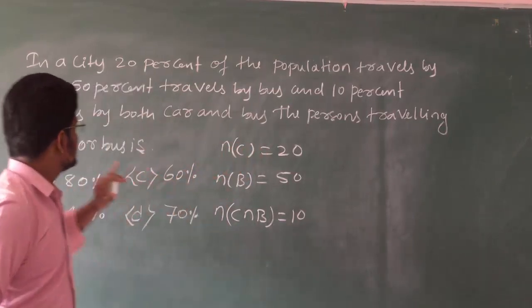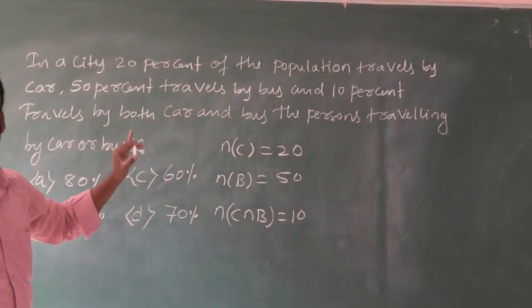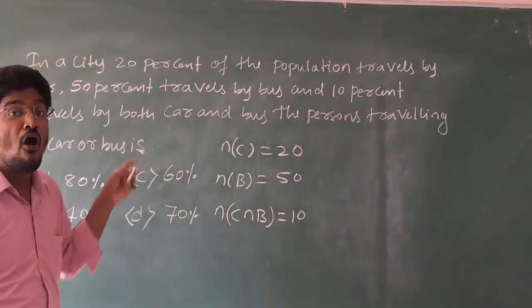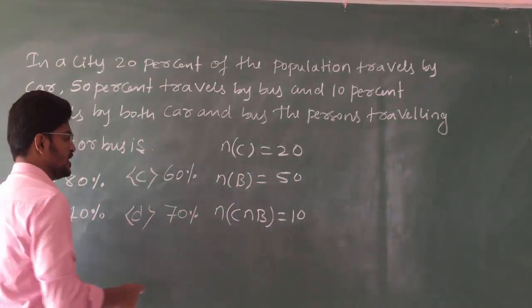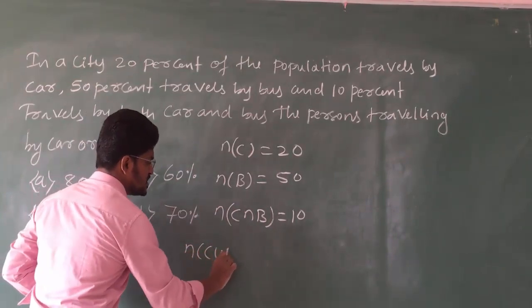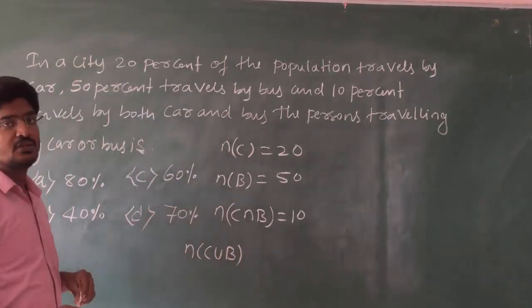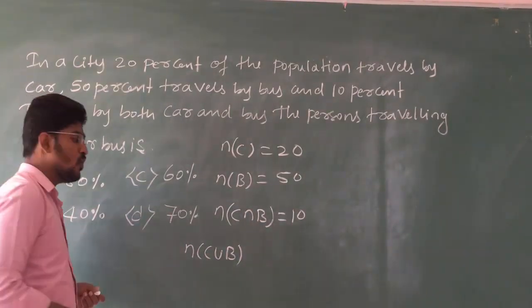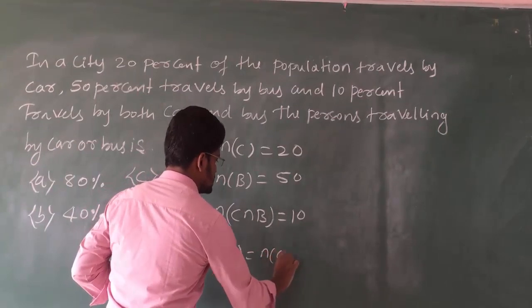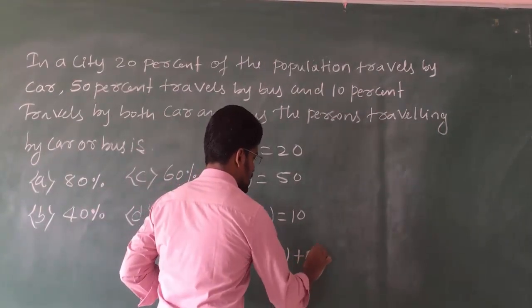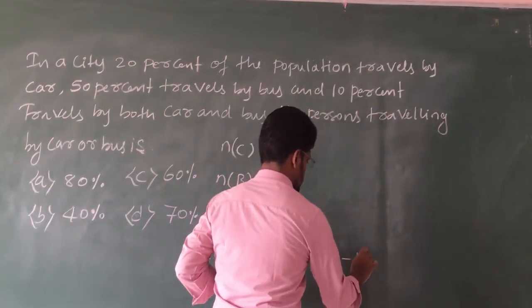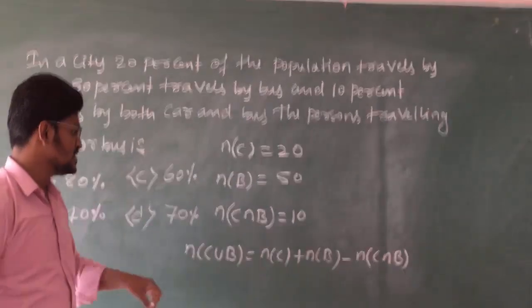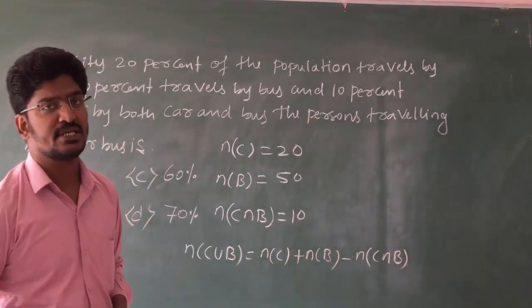The persons traveling by car or bus. Car or bus means this is n of C union B. Clear? So very simple problem. n of C union B is what? n of C plus n of B minus n of C intersection B. Anyway, the total will also be 100%, that is no problem.